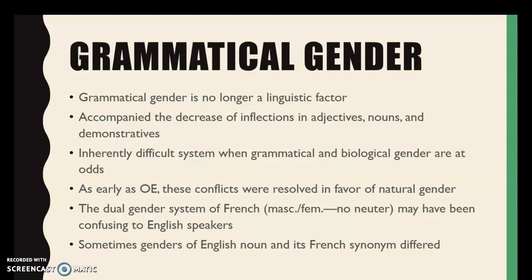Okay, so we had grammatical gender in Old English. This is a difficult concept for modern English speakers because we use biological gender and don't assign gender to inanimate objects. While in the Middle Ages, this concept became more complicated for native English speakers as well. You'll remember from the previous lecture that French was having a major influence on English at this time.